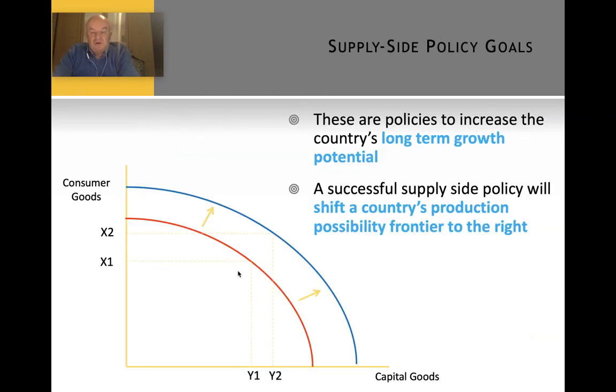So in terms of supply side policy goals then, and we've mentioned that in the long term, we're looking for extra growth. We want a country to have some sort of long-term growth potential, and a successful supply side policy will essentially shift our country's production possibility frontier or production possibility curve from where it is, from being able to produce at a certain level, either consumer goods or capital goods, and actually to shift that out to the right, so increase the overall productive potential of our economy.